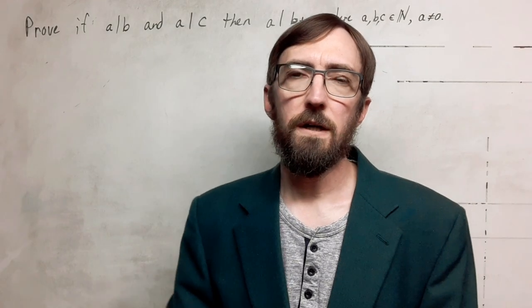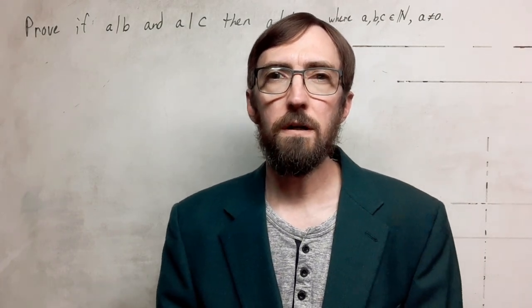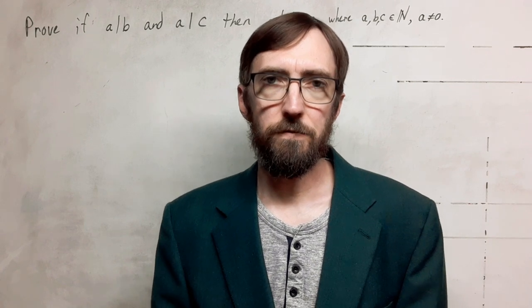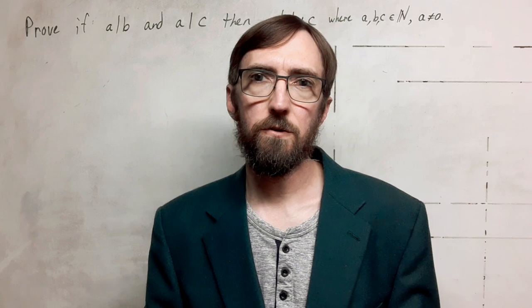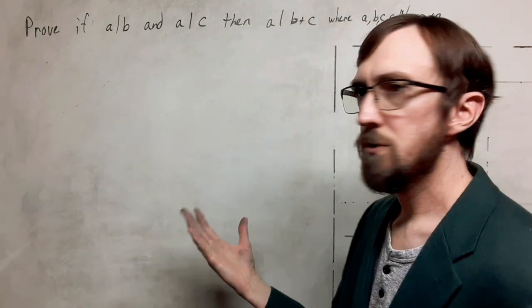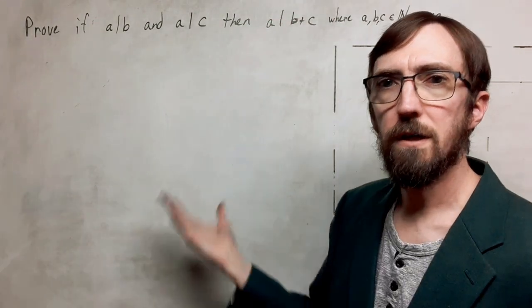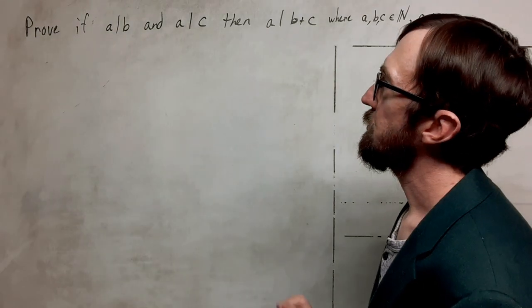Now that we've looked at the practical way of dealing with division and the sum of terms that are going to be divided, we are going to do this in a more abstract way and prove this situation.